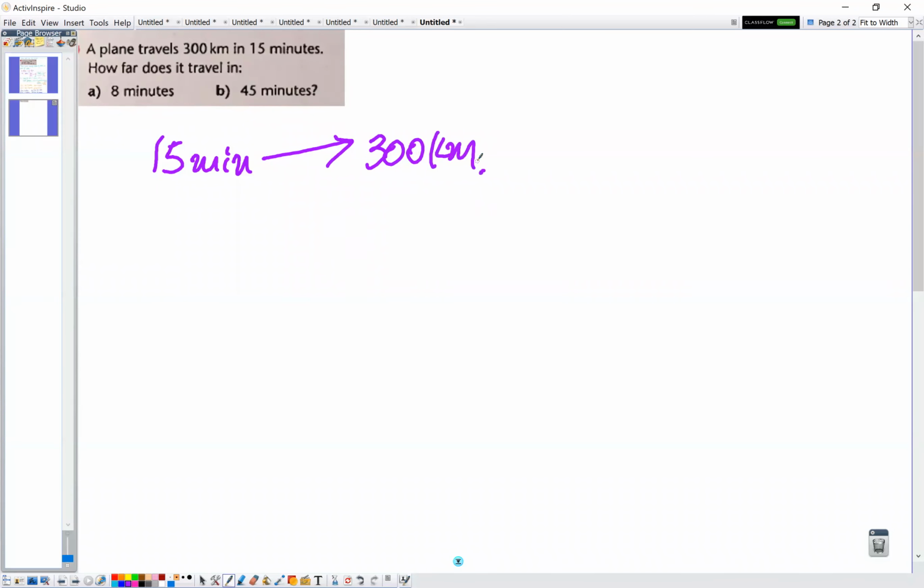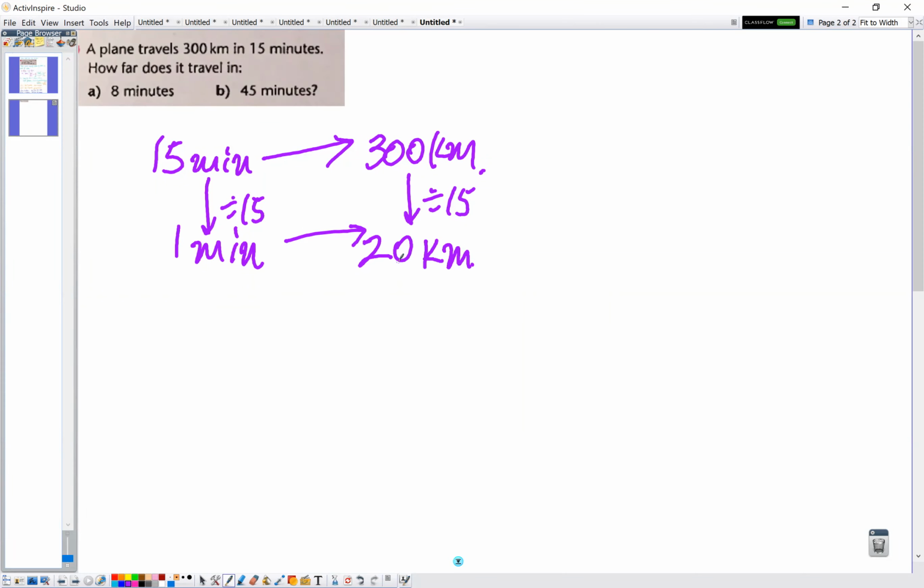So we have to find out 1 minute. From 15 to 1, we divide by 15, the right hand side divide by 15, which is 20 kilometers. So for 8 minutes, from 1 to 8, we times by 8. So it becomes 160 kilometers for 8 minutes.